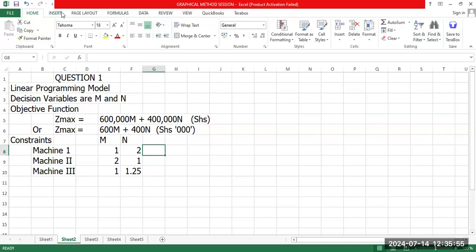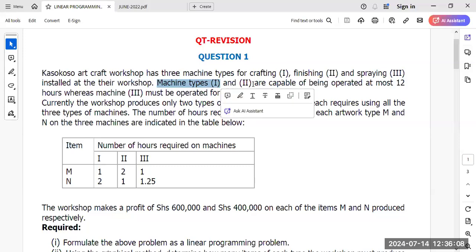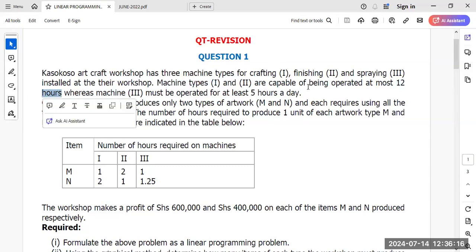These are limited to our constraints. For machine 1, they said they used which words, at most or at least? They said machine types 1 and 2 are capable of being operated at most 12 what? 12 hours. So which inequality are you going to put?